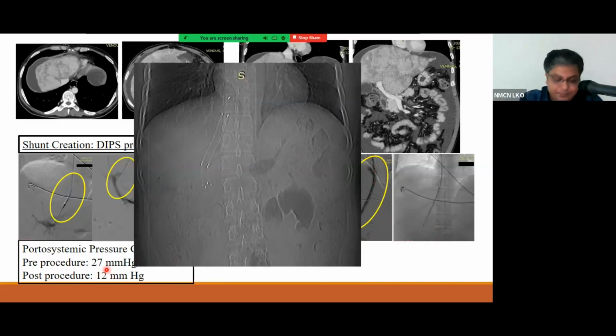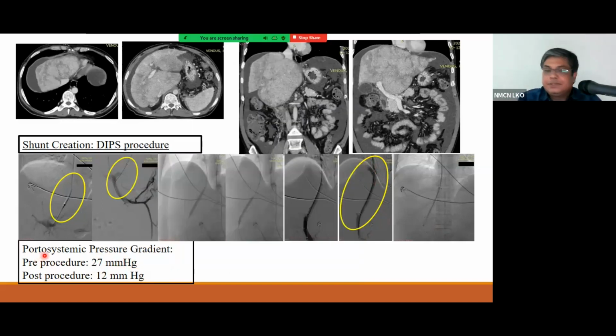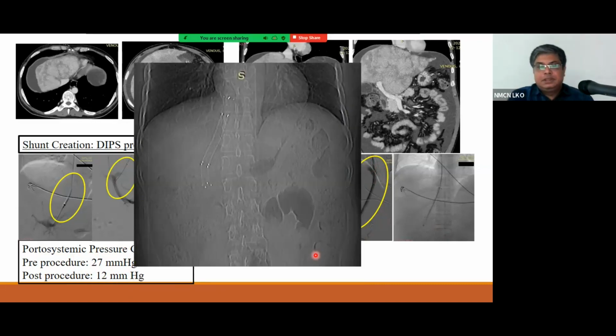So pre-procedure, the portosystemic pressure gradient was 27 mmHg and post-procedure we could achieve a pressure gradient of 12 mmHg. The ascites completely resolved, the patient is now diuretic free and doing well. This is how the stent graft looks on a radiographic image.